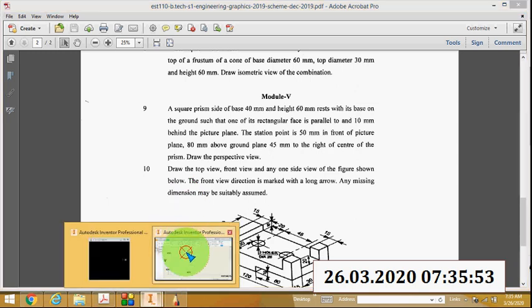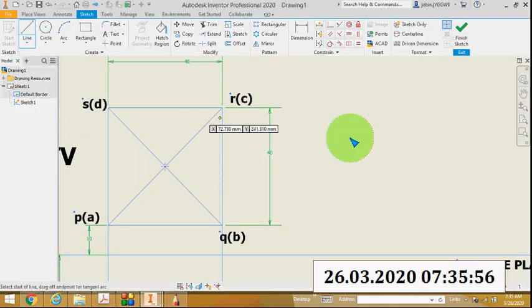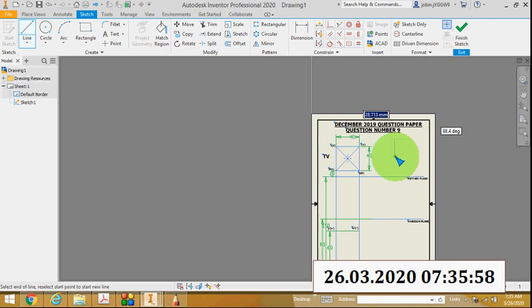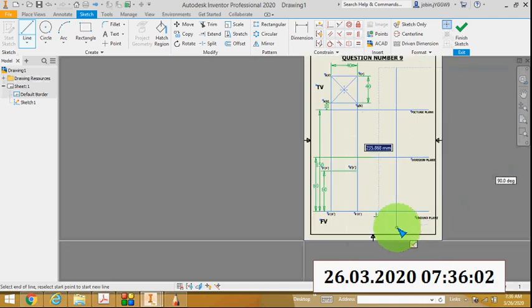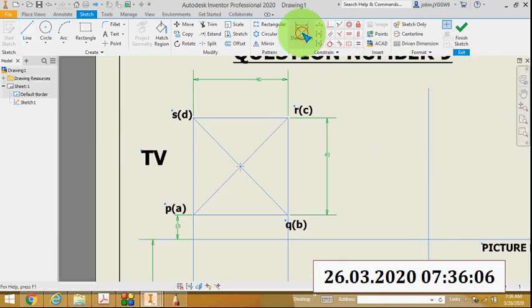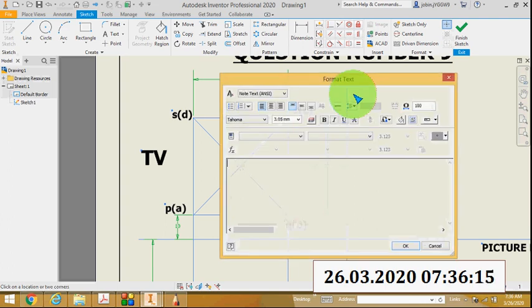So draw a line here. This distance is 45, and name this line as central line.